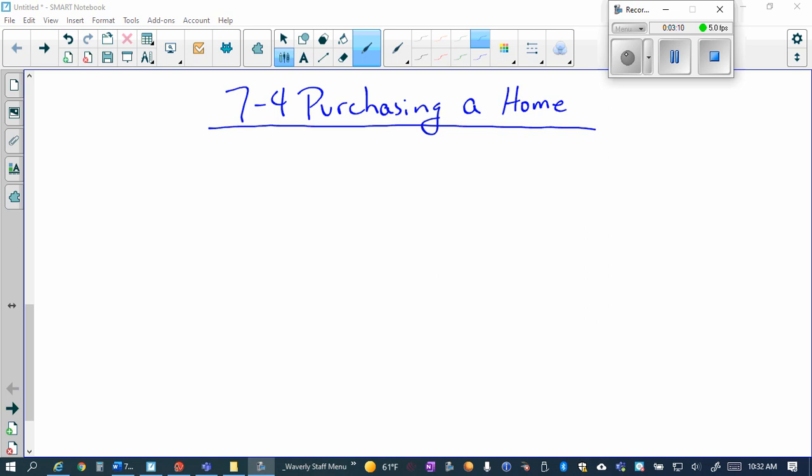Now, if you remember, every monthly payment for a loan is made up of 2 components. And we're going to disregard the escrow components right now that we discussed in the last lesson. But other than escrow, there's 2 components. Each monthly payment is made up of a principal portion and an interest portion. Okay? And the principal and interest add up to the monthly payment, which is the same every month.